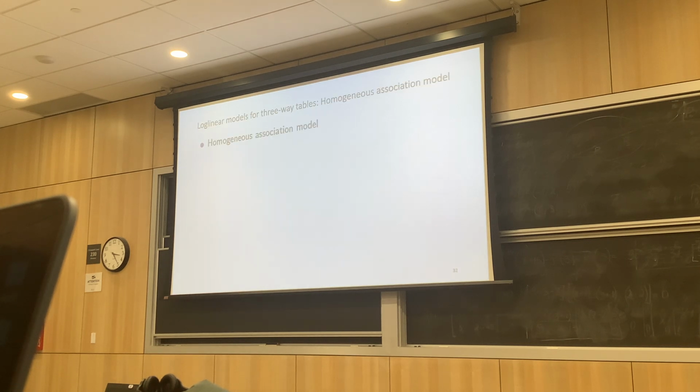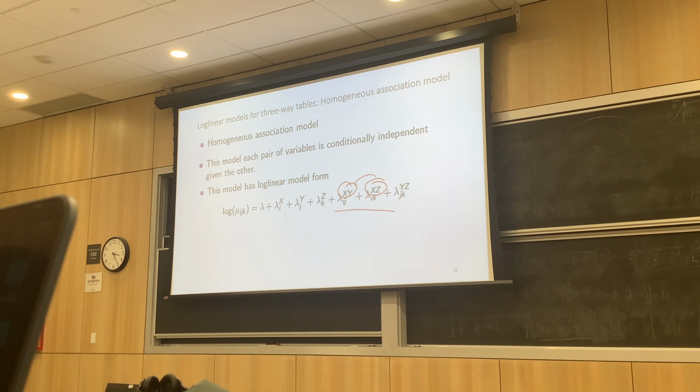And then we were talking about the homogeneous association model. Homogeneous association means any pair is independent given the other one, right? So we have this. So you see that these two tell you that Y is independent given X, because X is repeating.